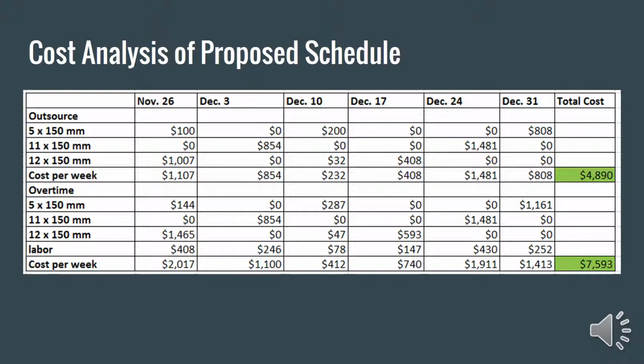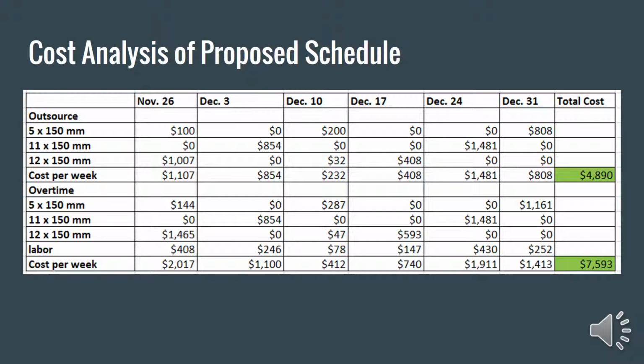Now that we know we are going to use the proposed schedule, we had to determine if it was better for the company to have employees work weekly overtime to meet demand or to buy the excess that we need from another vendor. We only are able to outsource the 5 by 150 and 12 by 150 part.